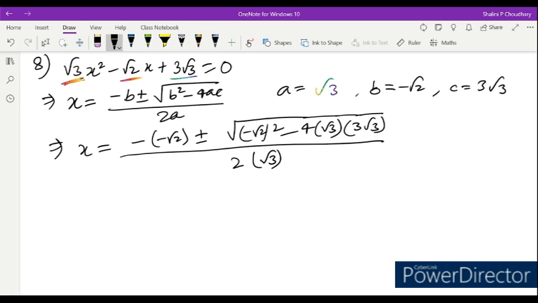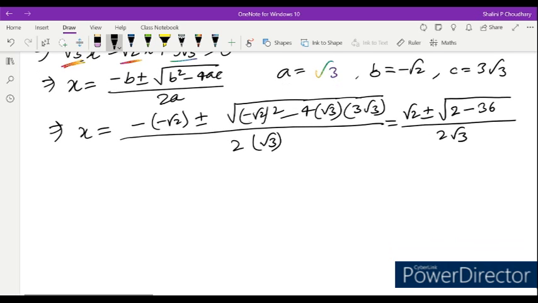Okay, so it will be minus minus plus square root of 2 plus minus square root of, minus of square root of 2 का whole square will be 2 and minus 4 into 9 will be equal to 36 and 2 root 3.